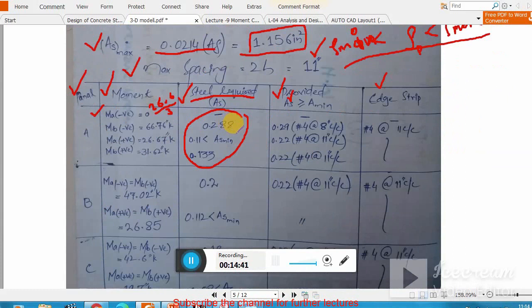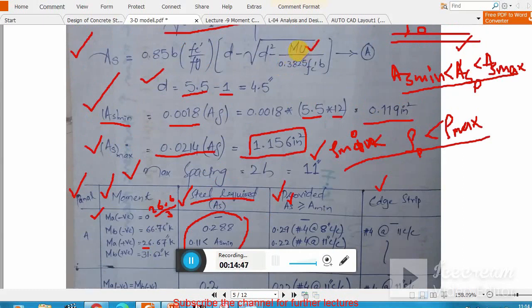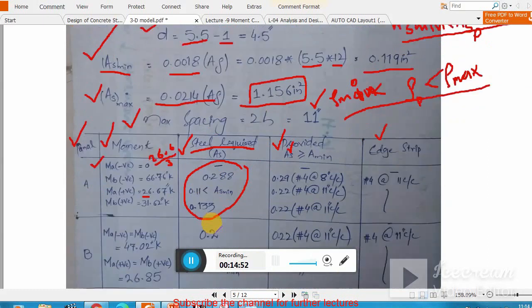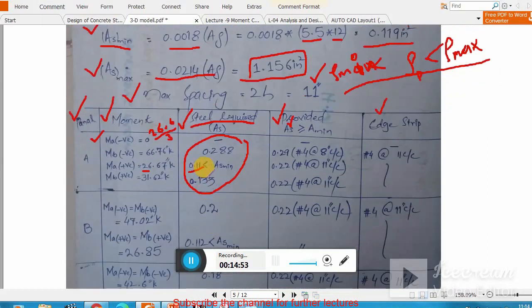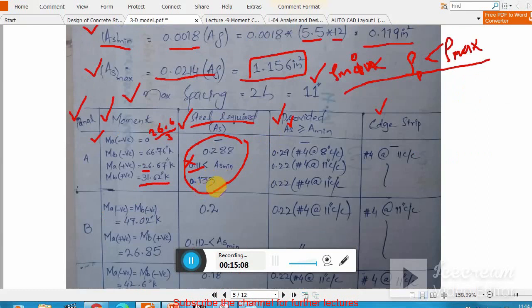Do the calculation, you get 0.288. Similarly, plug this 26 here instead of Mu, you get 0.11. But very important information: 0.11 is less than As minimum, so we can't use this one. We have to reject that. Clear? And similarly plug 31.662 here, and the answer will be 0.133.